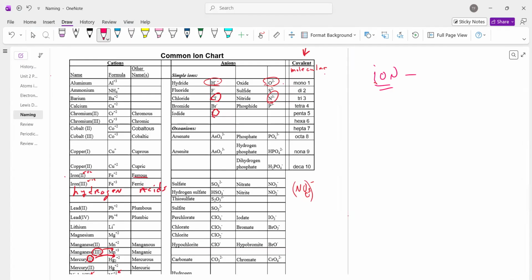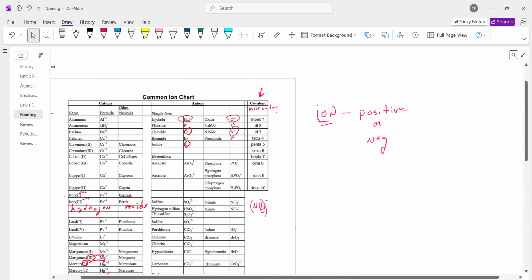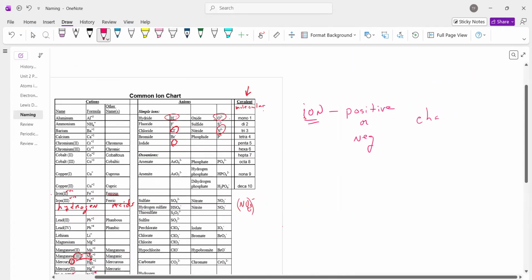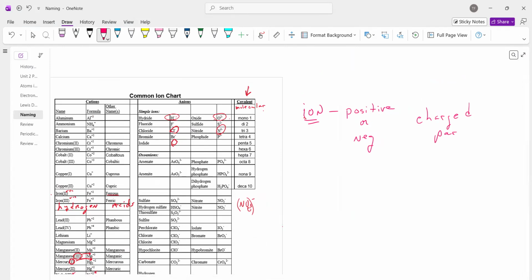An ion is made up of a positively or negatively charged molecule.